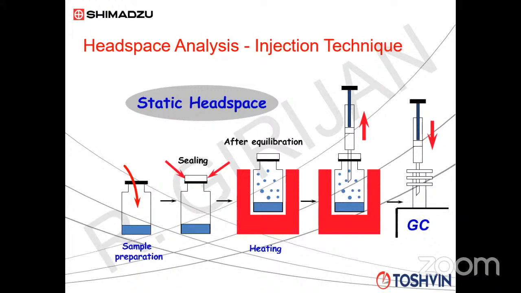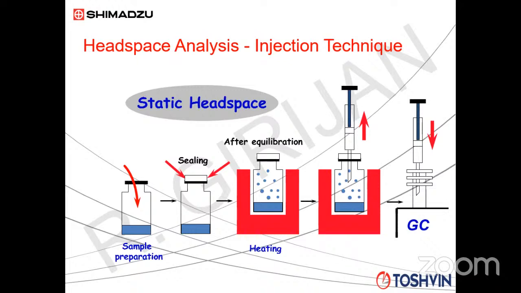If I directly inject it, my column will be spoiled and my injection port will be highly contaminated. So I cannot do that. At the same time, I am interested in finding the alcohol content in blood. Alcohol is highly volatile. Blood is non-volatile. So we cannot directly inject. So we go by headspace analysis.